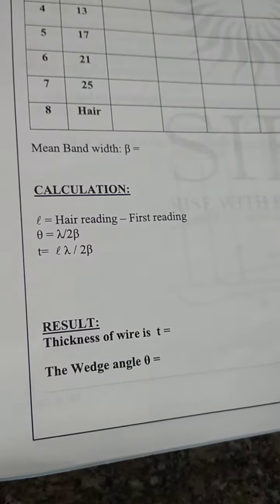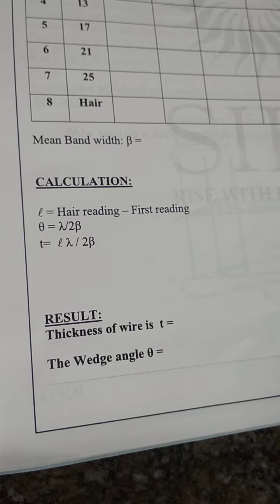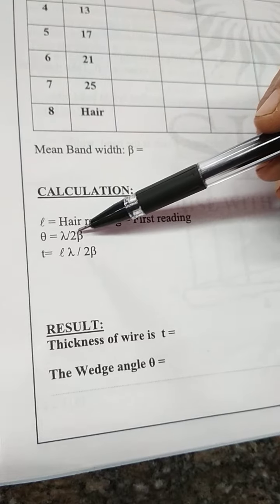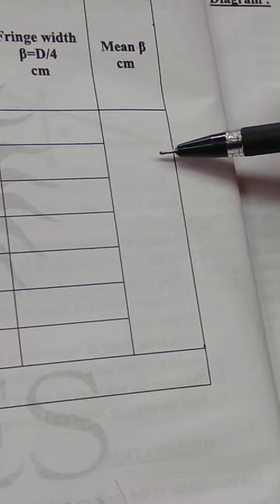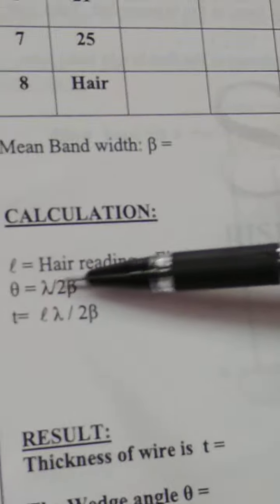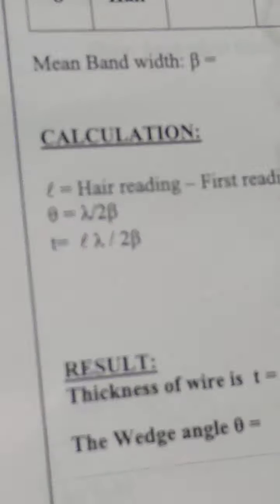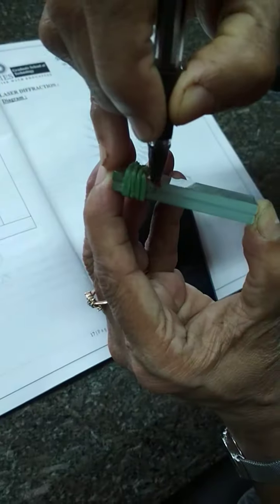So lambda will be the average of the two, 5893 angstrom unit, divided by 2 into beta. Beta is the average fringe width which you have calculated here. So lambda divided by 2 beta will give you the angle of wedge. The angle formed here between the 2 glass plates, that we call the angle of wedge.